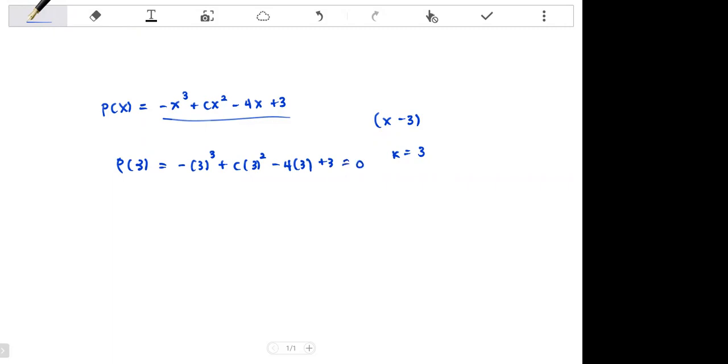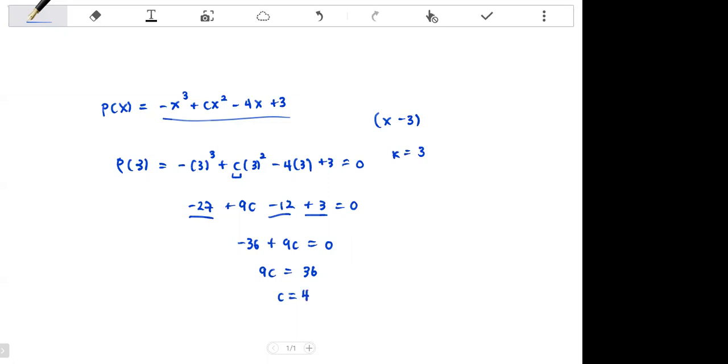So all we have to do now is solve for c. Negative 27 plus 9c minus 12 plus 3 equals 0. Let's combine like terms. These three numbers equal negative 36, and we're left with 9c. We move 36 to the other side, and c equals 4.